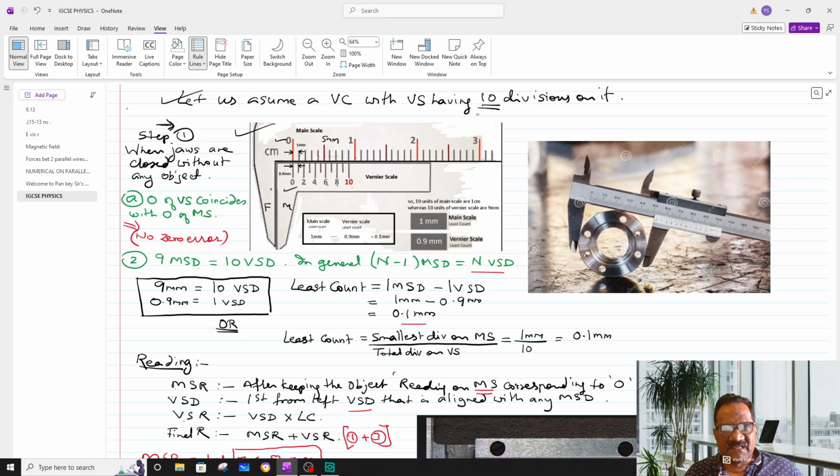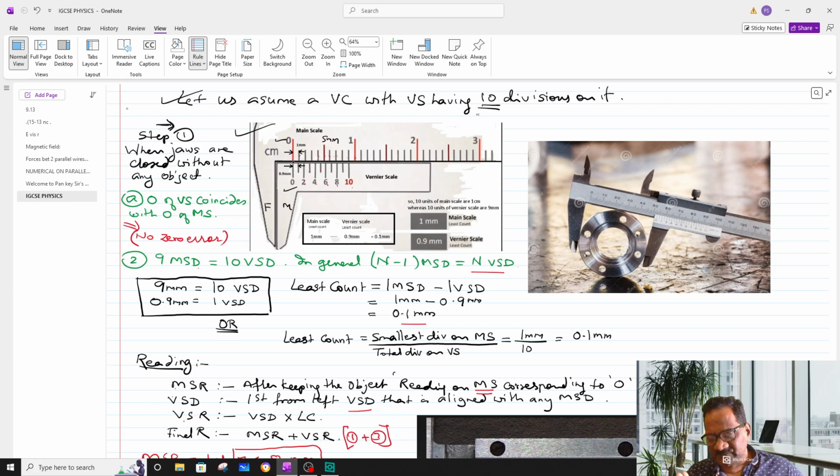What I mean to say is, there can be a situation where there's no object between the two jaws, the two jaws are just sticking to each other, closed, and the vernier scale 0 is on the left of the main scale 0, or maybe slightly on the right of the main scale 0.